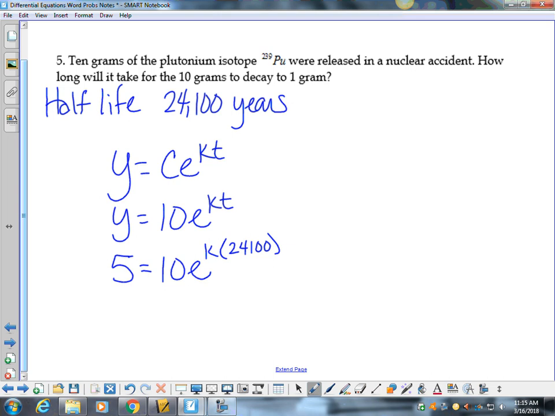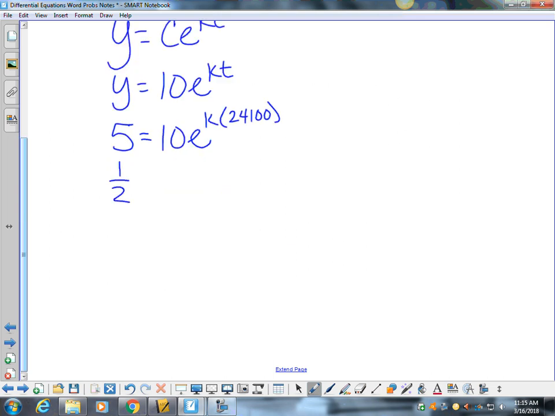And when you divide 10 over, guys, what do you get? A half. See, it's a half-life. You get a half. Okay, I gotta move my 1/2.